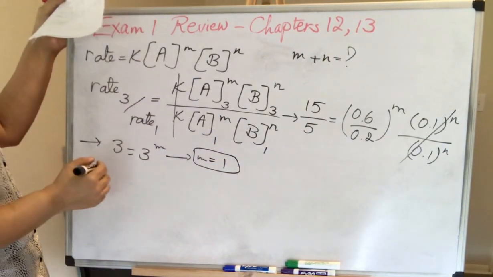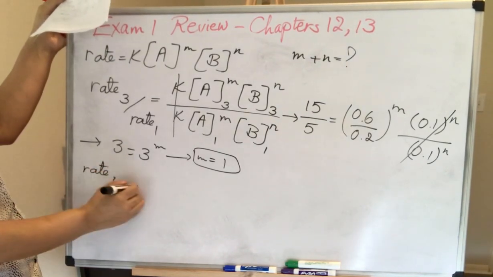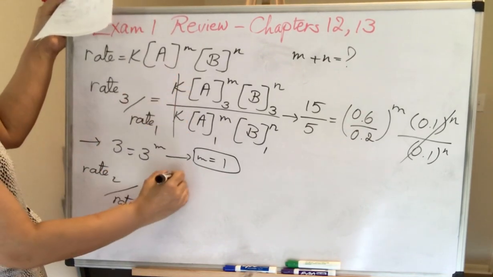In order to find n, you can relate experiment 2 to 1. So again, the same drill.